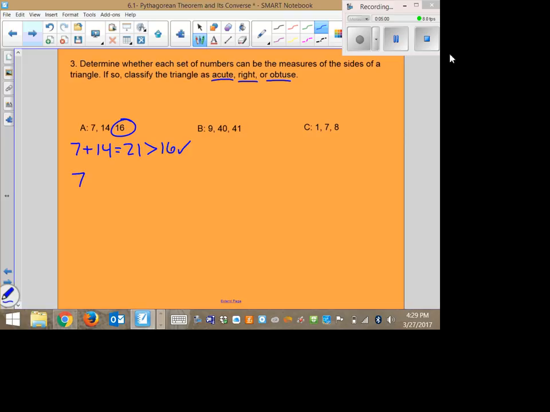So we want to know, does 7 squared plus 14 squared equal 16 squared? We get 7 squared plus 14 squared to be 245, and 16 squared is 256. So 245 is less than 256, which means that this is an obtuse triangle.